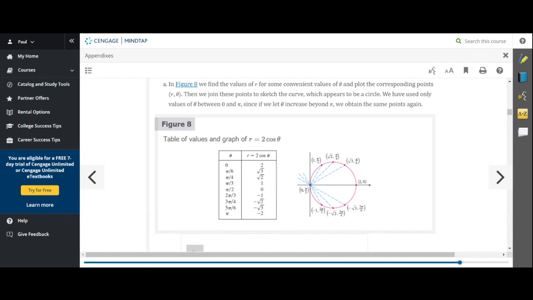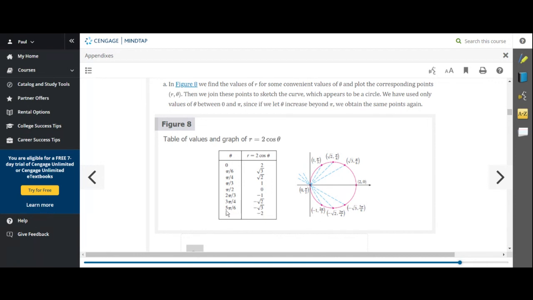That's how they get that radius value for 2 pi over 3. So what you do is you look in the direction of 120 degrees. You look in that direction, but you walk backwards a radius of -1, and that gets you at that point, polar coordinate -1, 2 pi over 3.